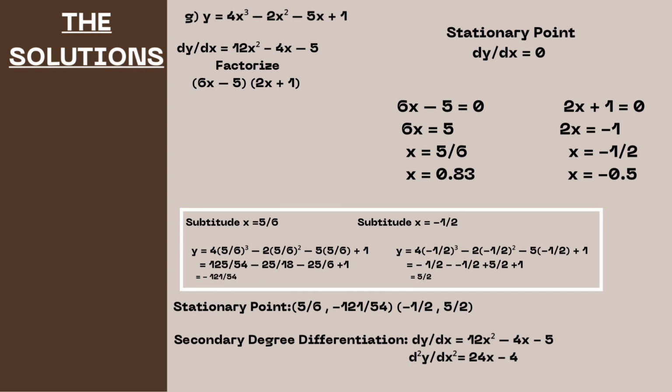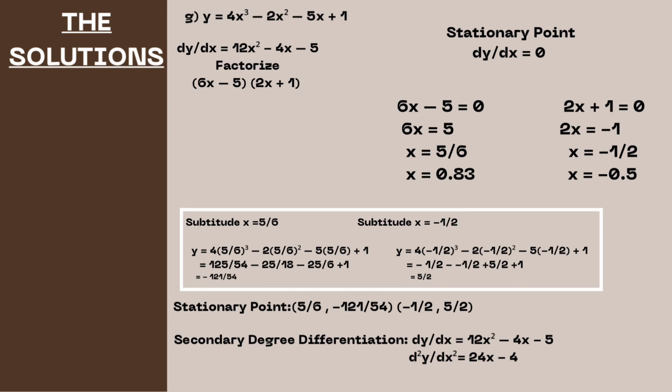Next, we substitute x equals 5 per 6 into y equals 4x power of 3 minus 2x power of 2 minus 5x plus 1. We change the x into 5 per 6.